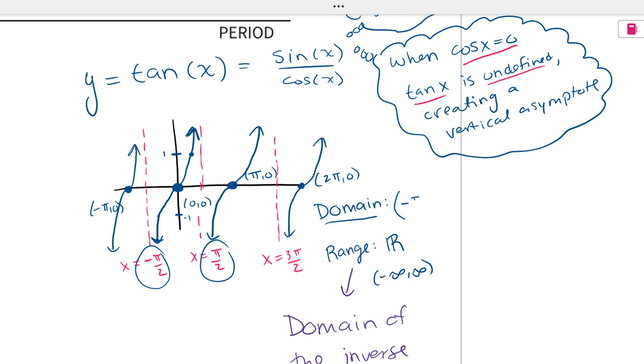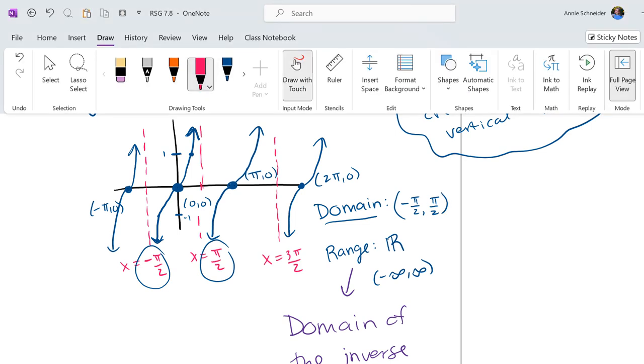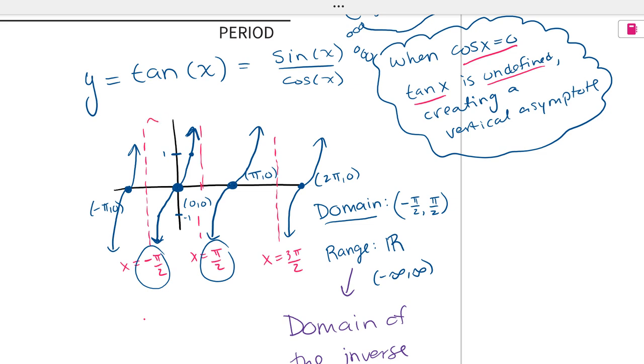So I'm going to say negative pi over 2 to pi over 2, because the inverse will always give me an answer in this interval right here.